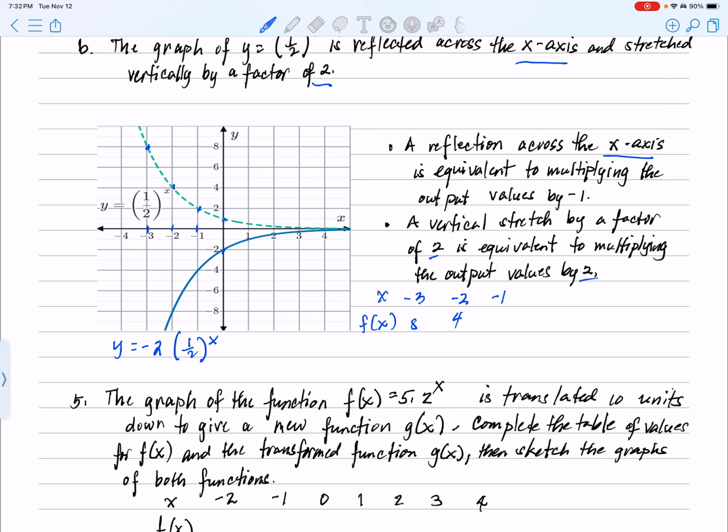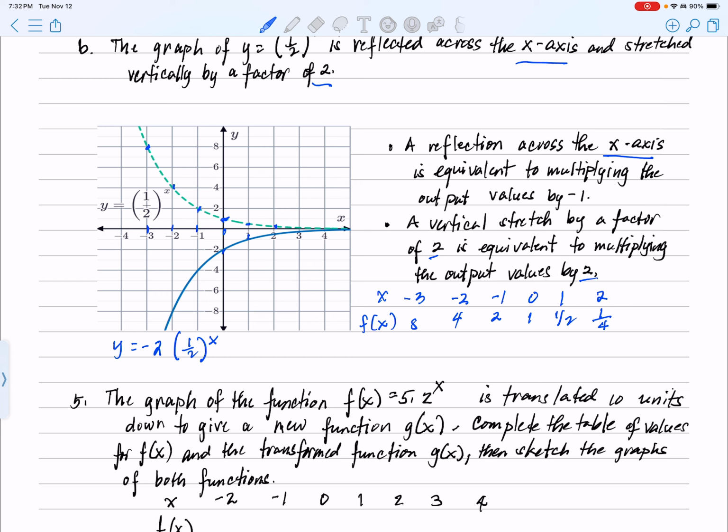Right? So when it's 0, it's 1. When it's 1, right here, it's 1/2. So the last, when it's 2, almost closer to 0, that is 1/2 of 1/2, that's 1/4. Estimate, because the graph is very close now to 0.